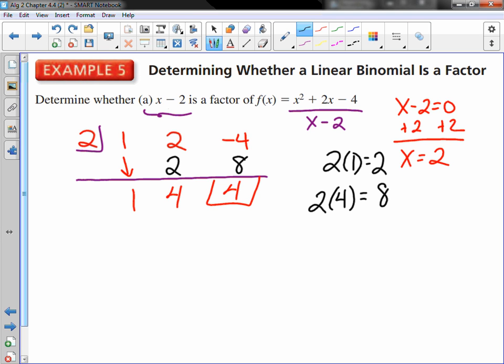So what would the remainder for this be? Is this a factor? What would the remainder be if it was a factor? The remainder would be 0. Is the remainder for this 0? No. So is this a factor? No. Because if the remainder is not 0, then it is not a factor.